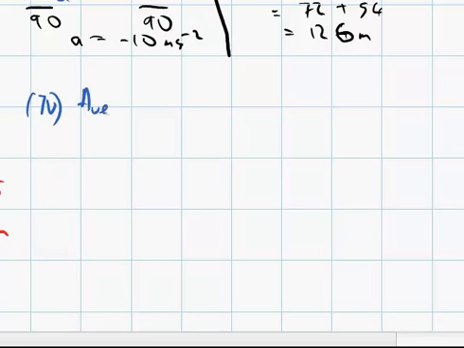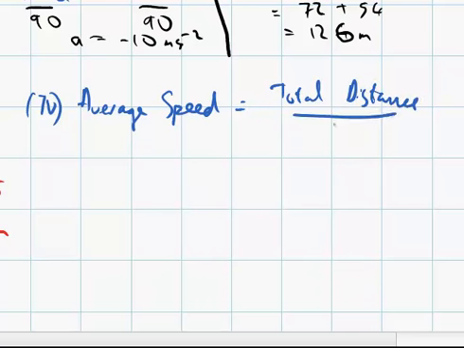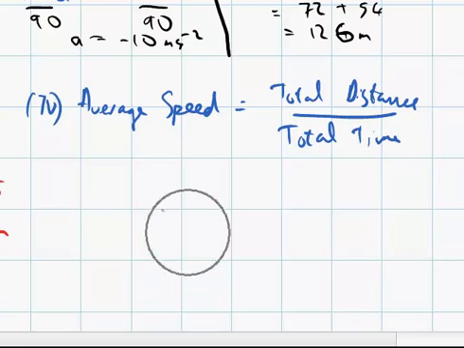Now average speed is a formula you need to know, is equal to total distance over the total time. We've already got the total distance. Now I just want to see what times we have. So we know the time for the first section, T1, is equal to 6 seconds. It's given to us.